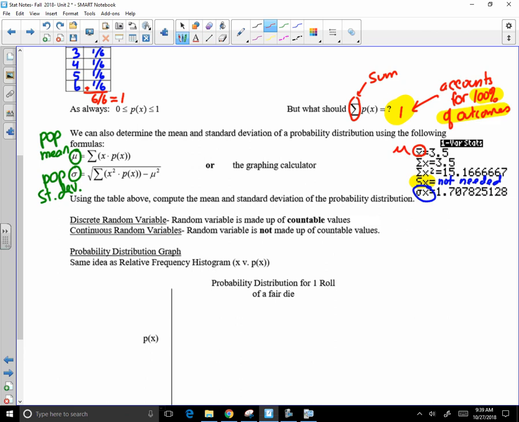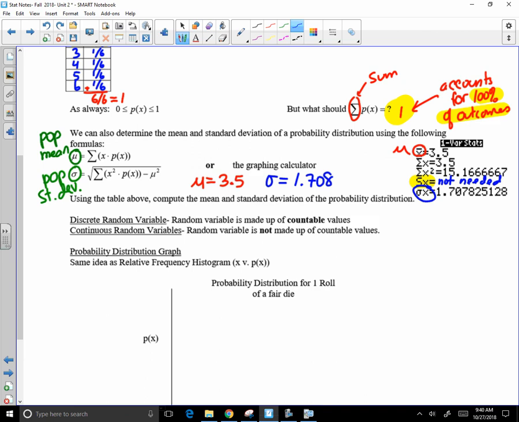You just have to know the context. So the mu is 3.5, and the sigma is about 1.707, 1.708. But it's all about reading the display.